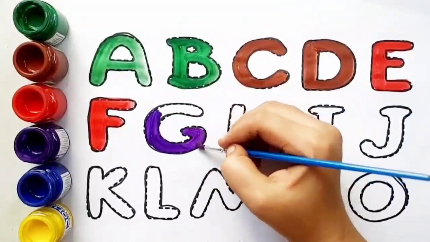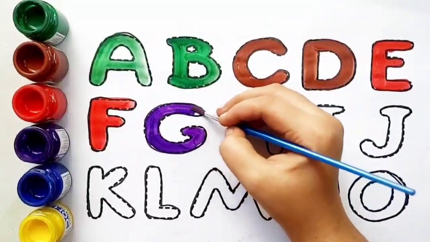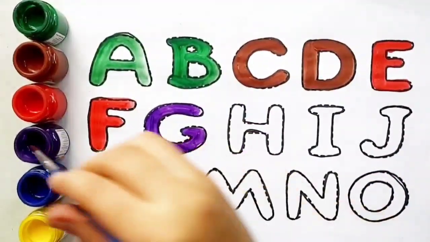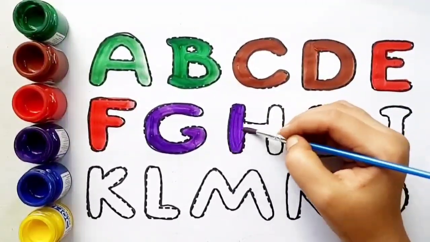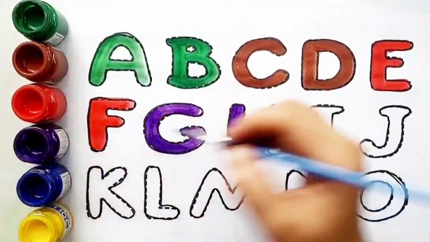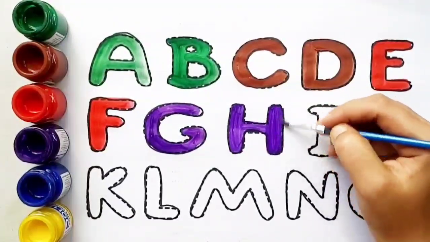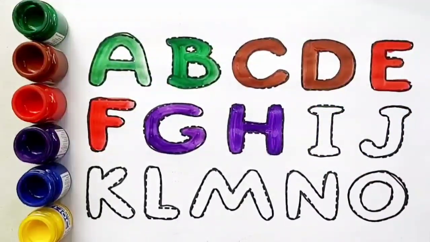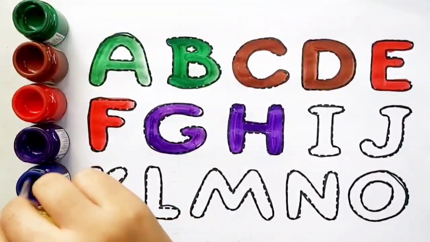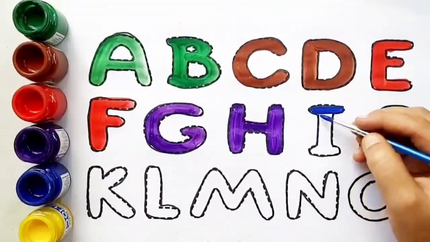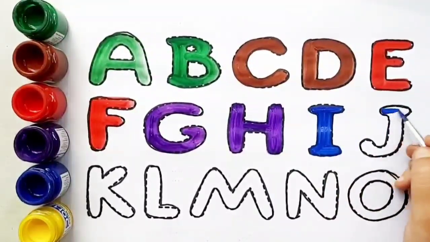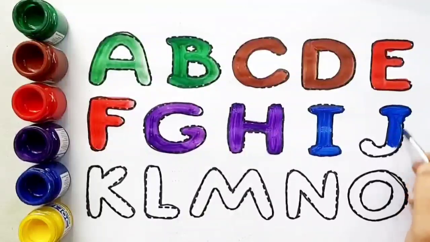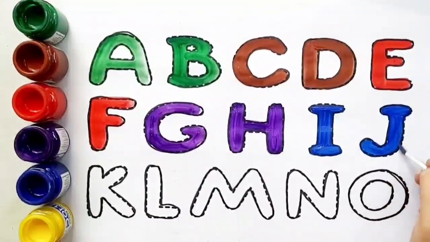G. Blue color. I for ice cream. J for juice.